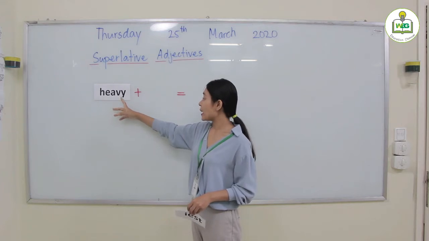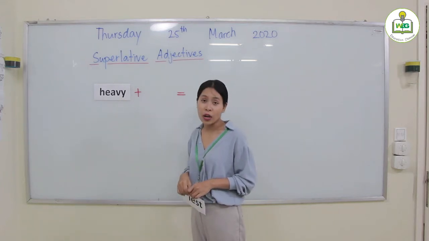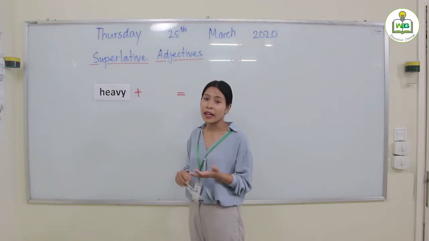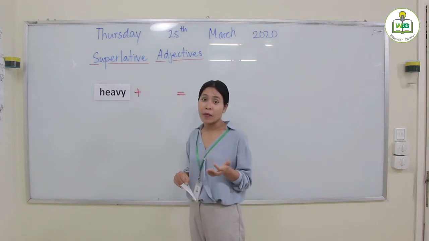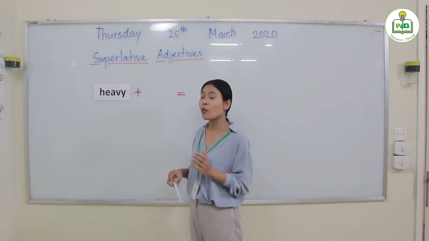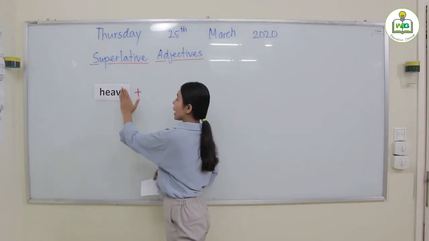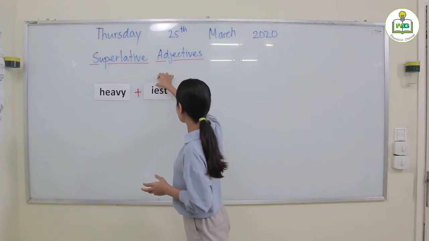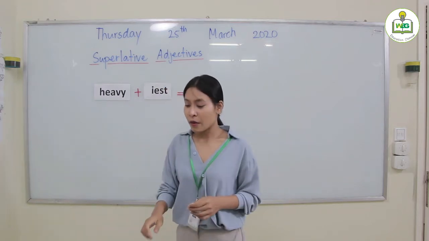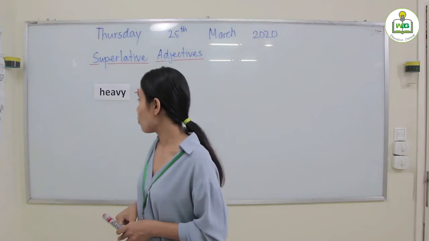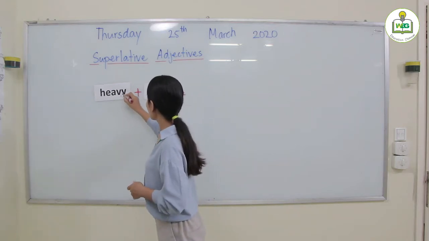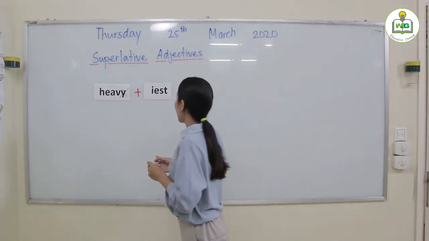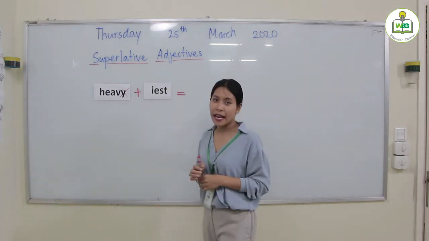Because it ends in Y, what do we do with words that end in Y? Remember, it's the same thing as comparative. We drop the Y and add IEST.